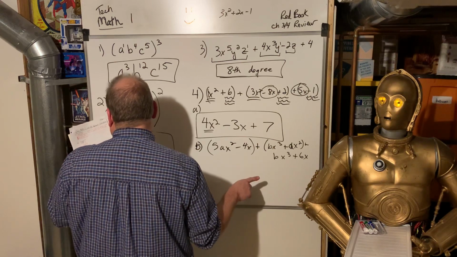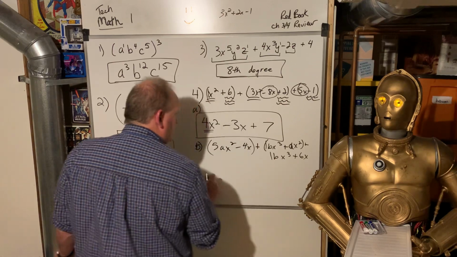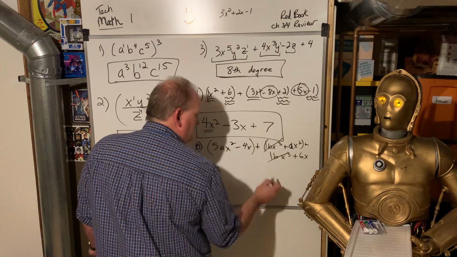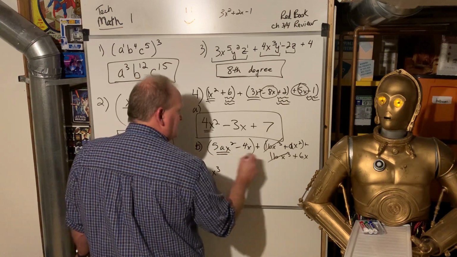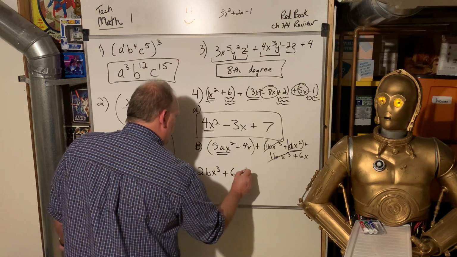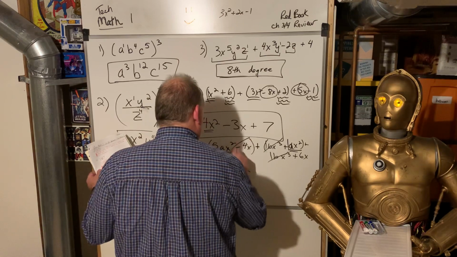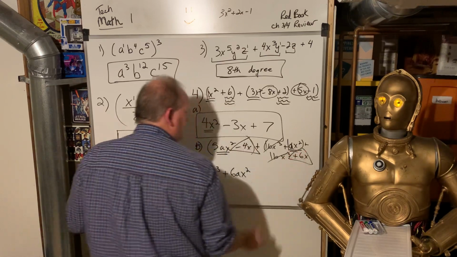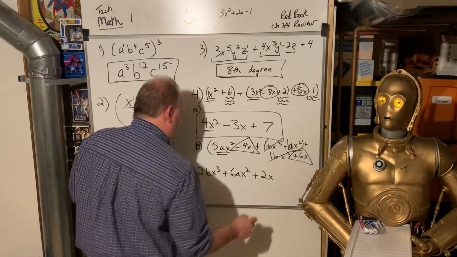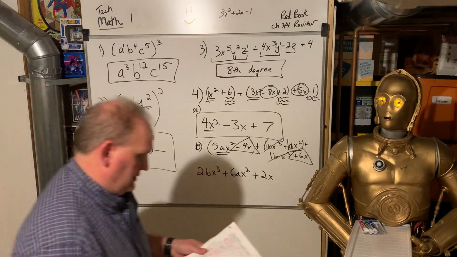Oh wait, we want the x cubed first though. So 1bx cubed plus 1bx cubed is 2bx cubed. And that gets rid of those. And then 5ax squared plus 1ax squared is 6ax squared. And then negative 4x and positive 6x is plus 2x. All right. Okay.